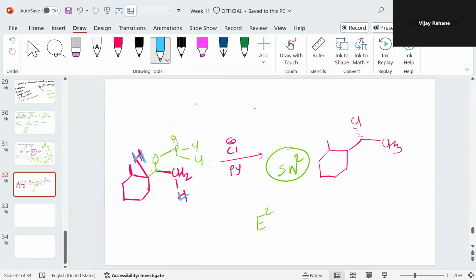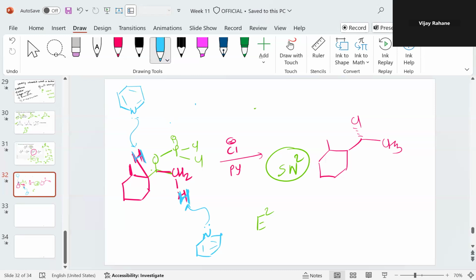Among these two protons, which proton is easily abstractable? Because the pyridine is comparatively bulkier, this lone pair itself needs to abstract the proton. So whether it abstracts this proton or this proton, that you need to identify.